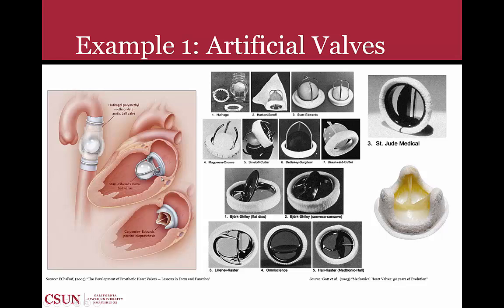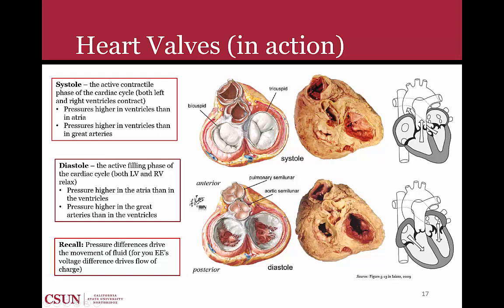Sometimes the valves, if you kind of go back, I mentioned before that some of these chordae tendineae may be damaged or not connected, or you'll have some damage with the leaflets of the valve. There could be all sorts of problems that you can have with valves that essentially don't allow for flow to go in the correct direction during systole or diastole.